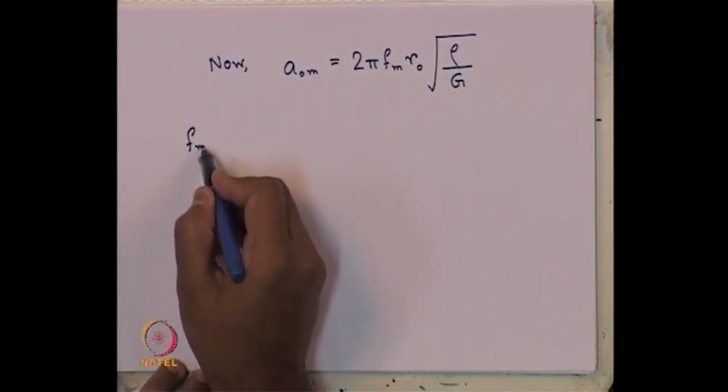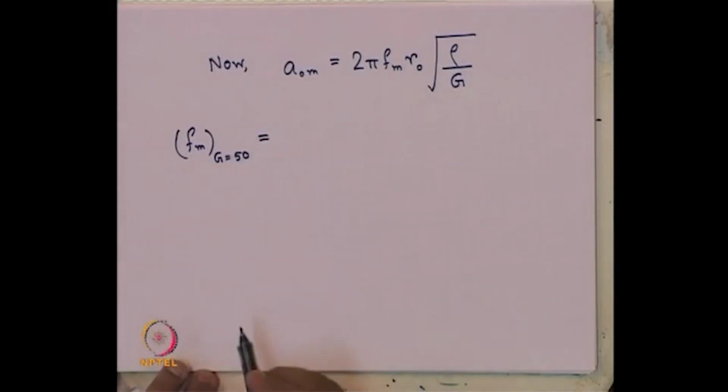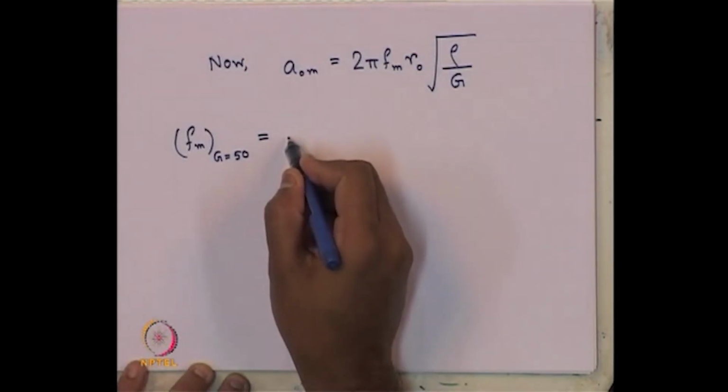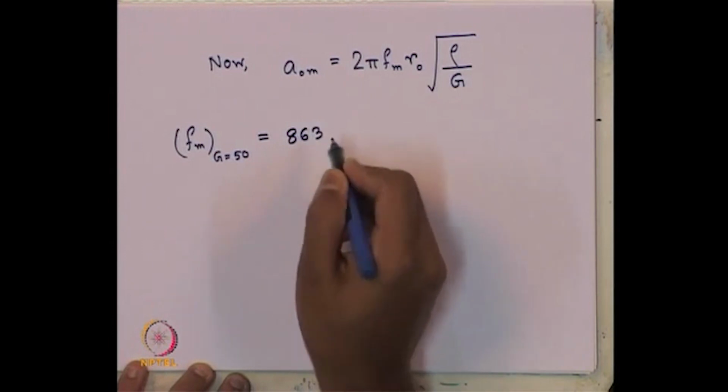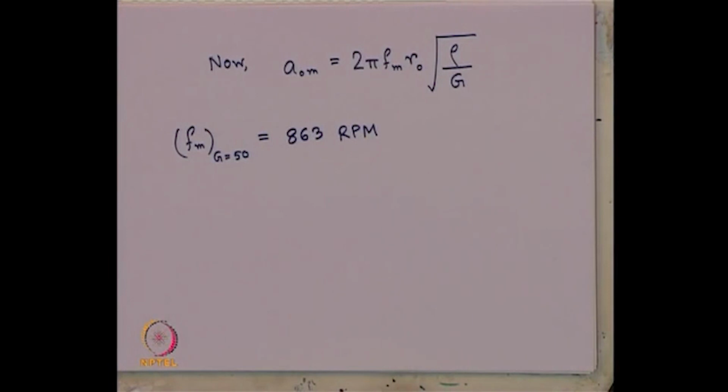So, f m for g equals to 50, how much we are getting? Please put the values. A naught m was 0.78. After calculating this, I got 863 RPM. Is this okay? Initially, fm you will get in hertz, that you need to convert to RPM, so check about the units.